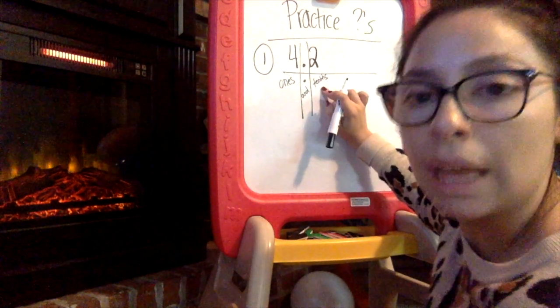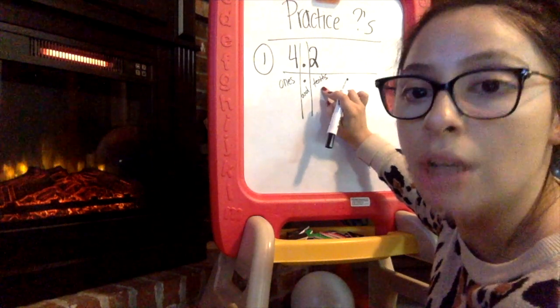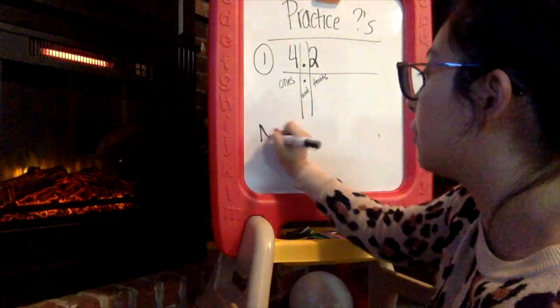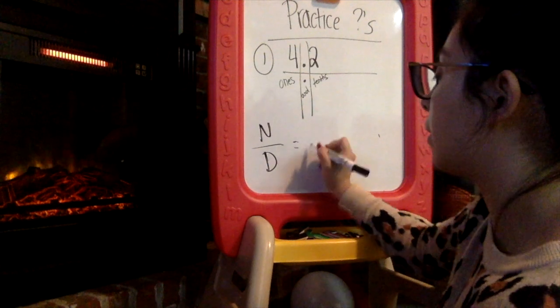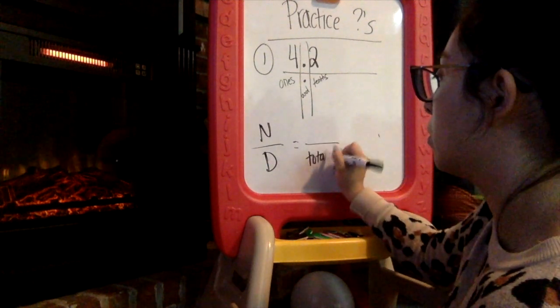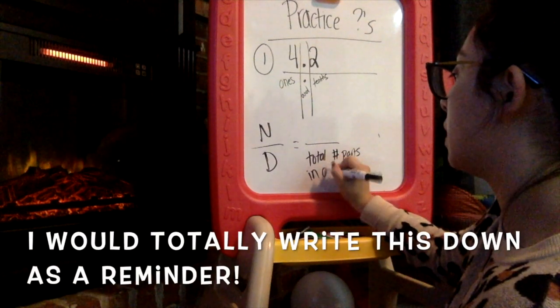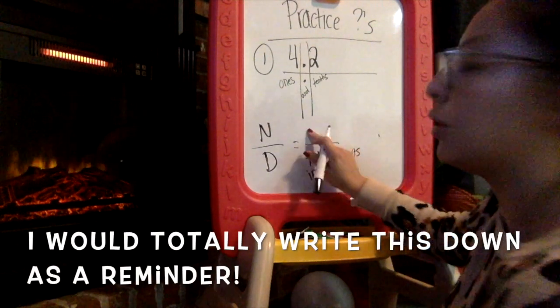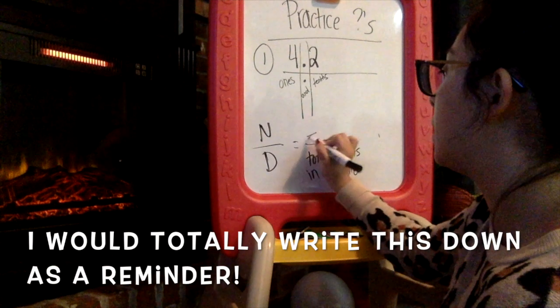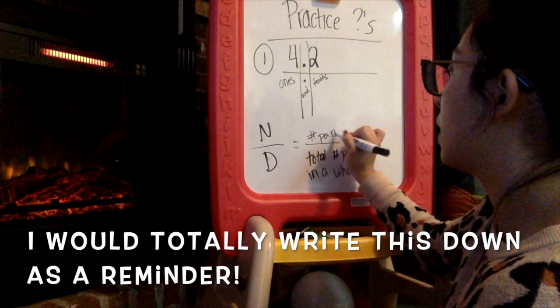If you know that your tenths is next, it'll tell you what your denominator is. So do not forget, your denominator means your total number of parts in a whole. And your numerator is just talking about the number of parts at that moment.